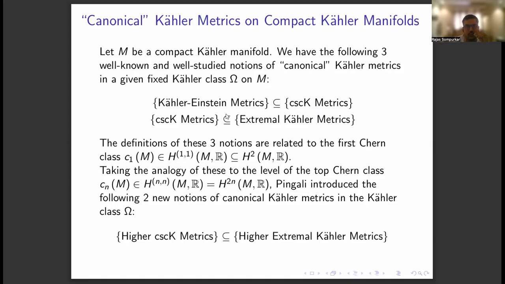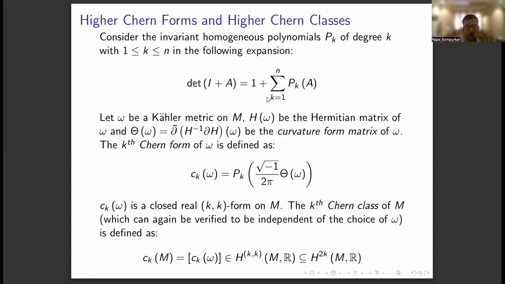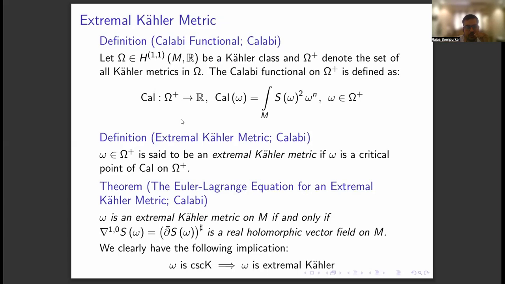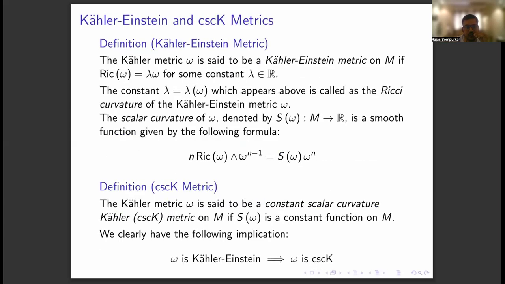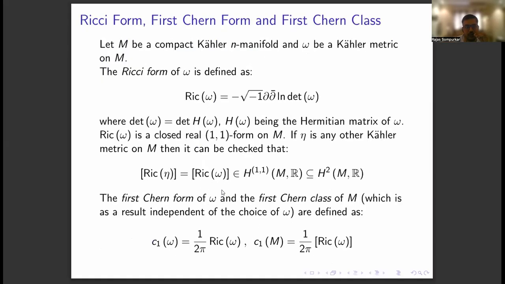So Kähler-Einstein, CSCK, and extremal Kähler metrics are the three most important notions of canonical Kähler metric in Kähler geometry. And as we saw, in the definitions of these metrics, the scalar curvature is involved, and the scalar curvature is directly related to the Ricci curvature form. And then the Ricci curvature form directly gives the notions of the first Chern form and first Chern class.